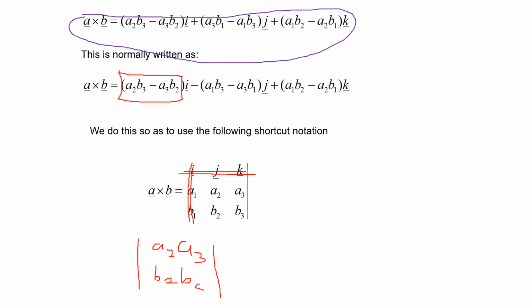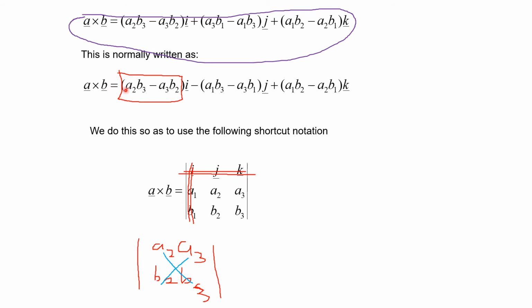So when you want to find the determinant, it is simply a2 times b3 minus a3 times b2. So that's how you get this, and because it's associated to i, we close the row and the column associated to i, so we multiply with i over here.